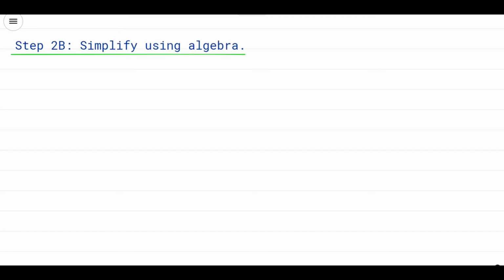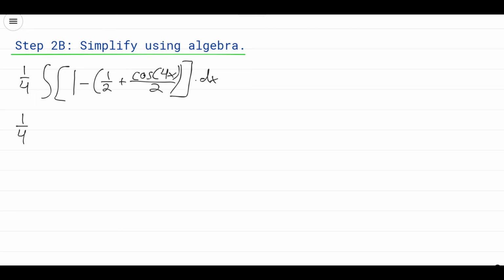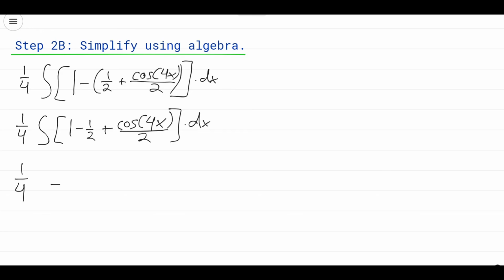So now we're going to simplify this using algebra. So we know 1 over 4 times 1 minus 1 half minus cosine of 4x over 2 times dx. When I simplify this, I know 1 minus 1 half are like terms, so that's equal to positive 1 half minus cosine of 4x over 2.